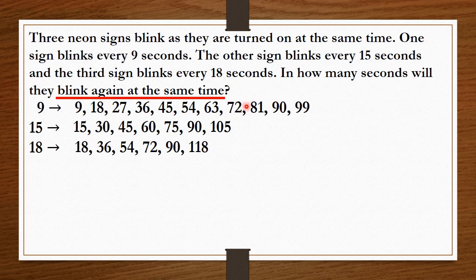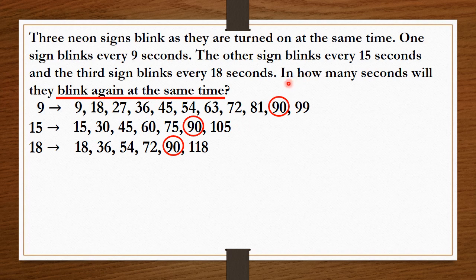So now, we can see the least common multiple, or the lowest multiple that is a multiple of 9, 15, and 18. The lowest multiple that we see is 90. So, we have 90 as our least common multiple.